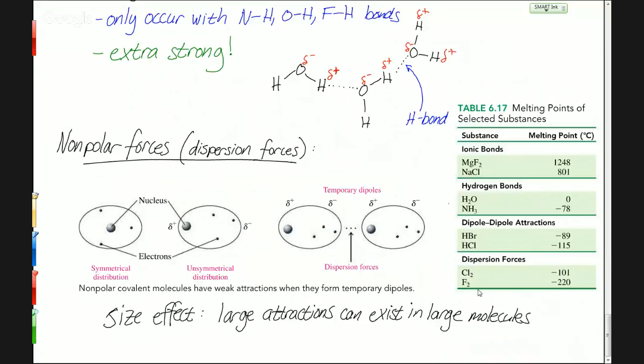Cl2 is just Cl and Cl, so it's perfectly even sharing of electrons. Same with F and F, and now we have pretty low melting points. And melting points get a little weird with this. I'm kind of surprised the book used it because melting points don't always fit nicely in this narrative, but boiling points really do. When you talk about boiling one of these things, then you can really predict that.